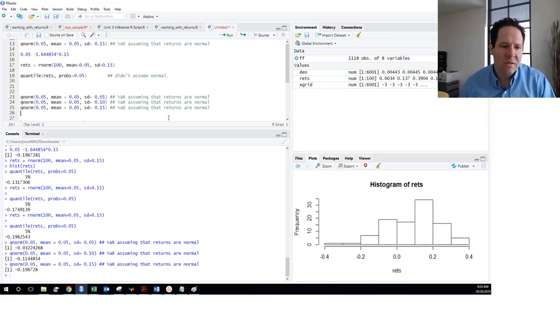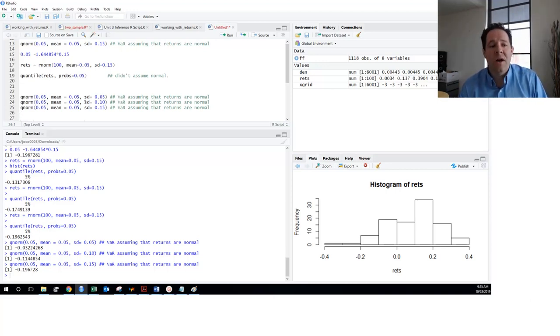But what this goes to show is that value at risk getting lower, meaning more risk, and standard deviation increasing both capture the same essential idea: the worst case outcome is directly linked to the standard deviation of the process.